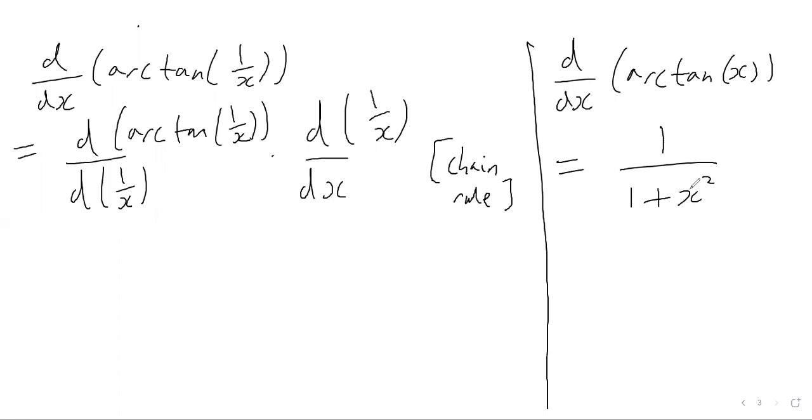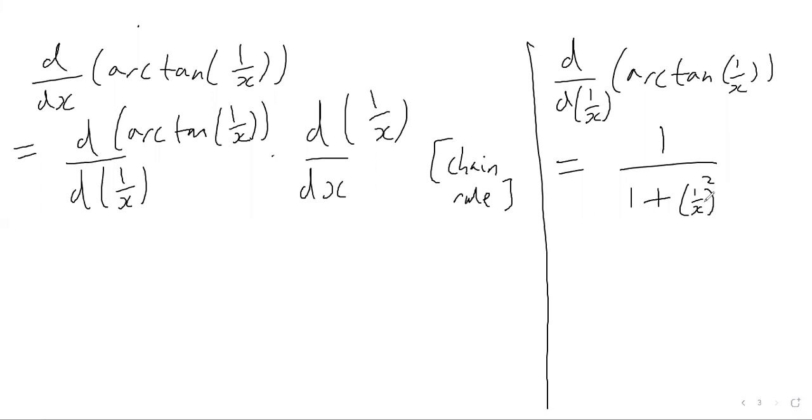Because we're not differentiating a function of a variable x with respect to x, we're differentiating a function of a variable 1 over x with respect to 1 over x, we can just swap the variables. So this x there will become a 1 over x, and the x inside there becomes a 1 over x like so.